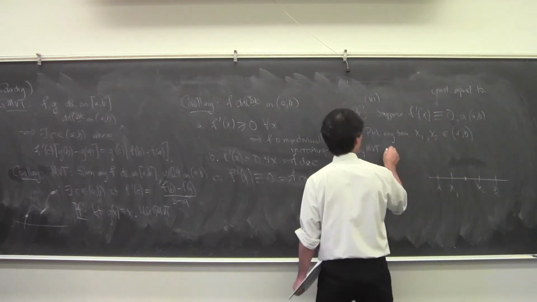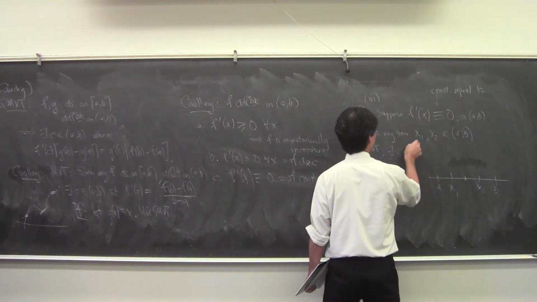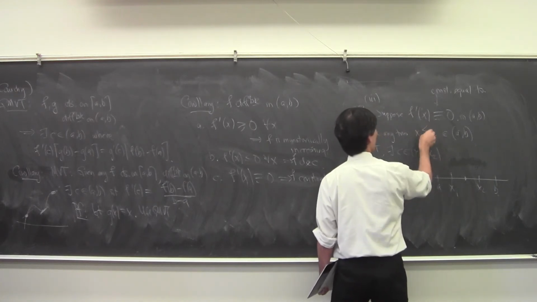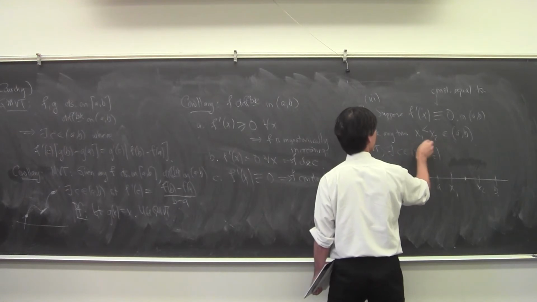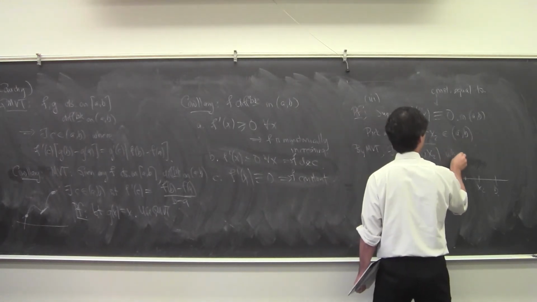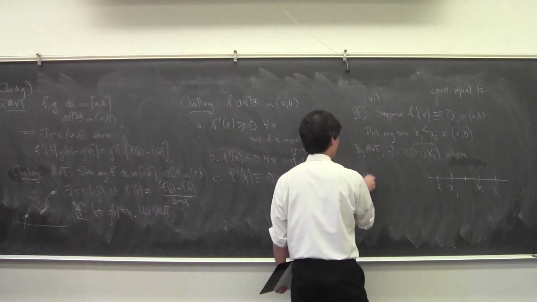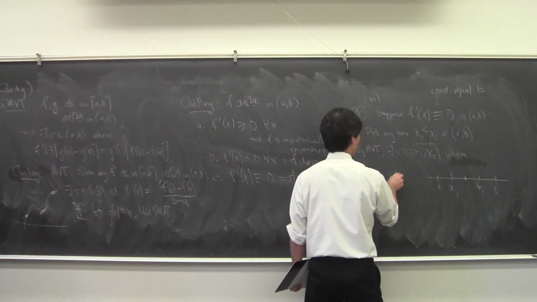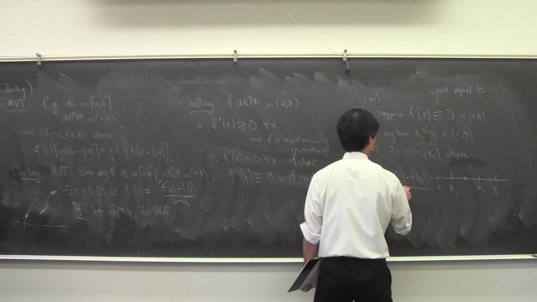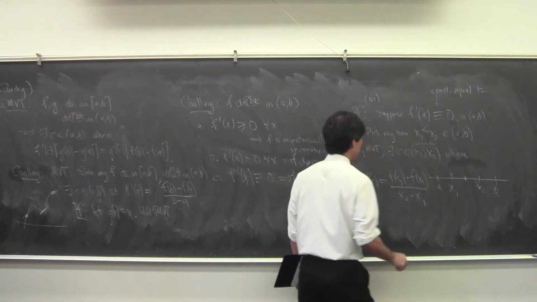By the mean value theorem, we know there exists a point between x1 and x2. Let's assume that x1 is less than x2. There's a point between these where f'(c) equals the average change over that time period.